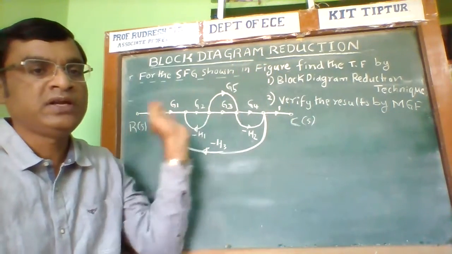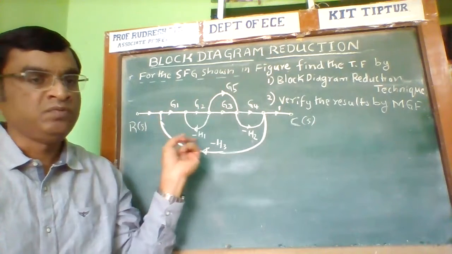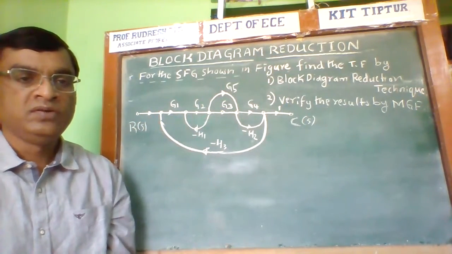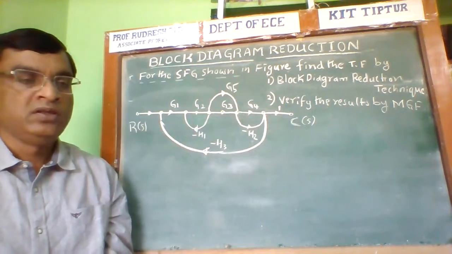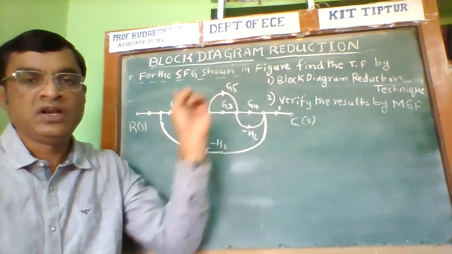Once again, directly apply Mason's gain formula to the given signal flow graph and find the transfer function. That result must be similar to the block diagram reduction technique result.